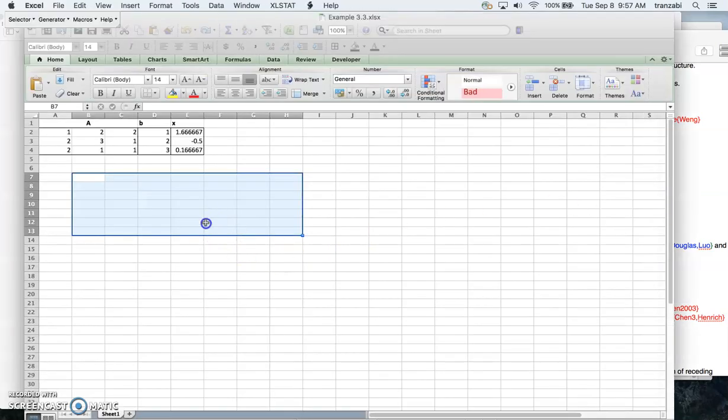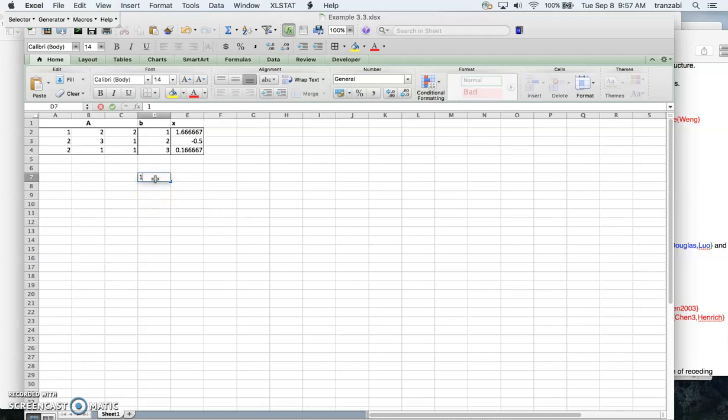I can show you, if I have a vector like 1, 2, 4, and 5, and I want to multiply it by a number like 2. So 2 times this column vector would be equal to, for every element you have to multiply 2 by that specific element.